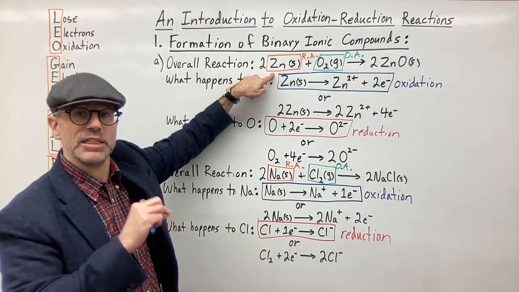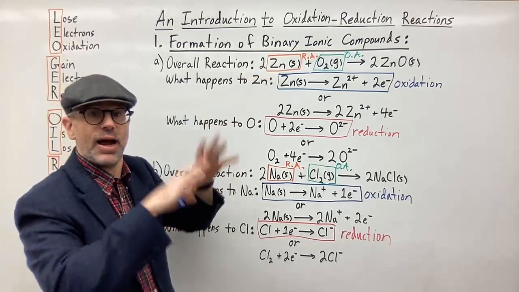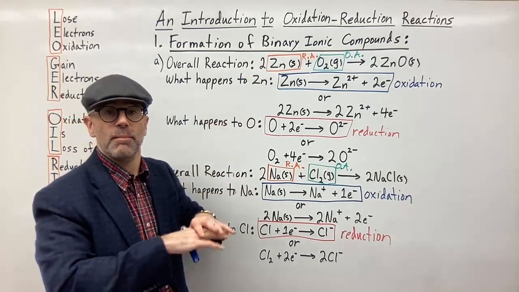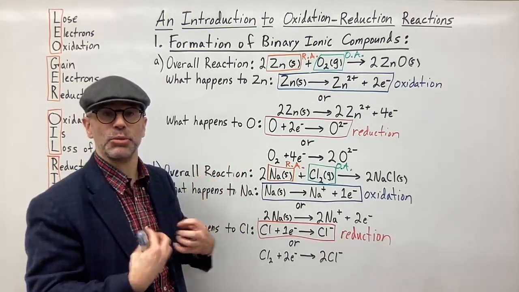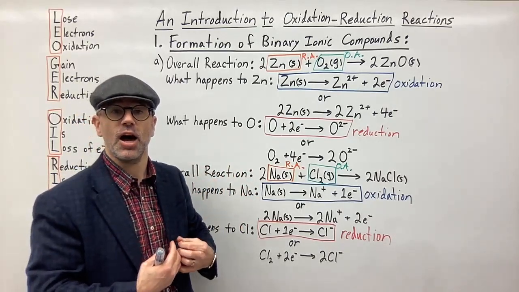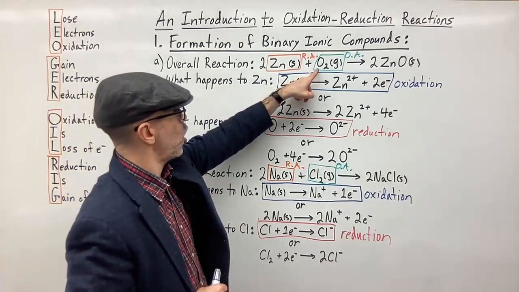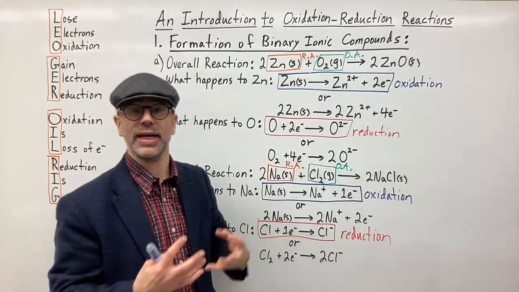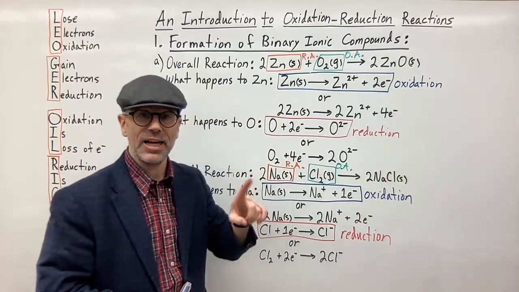So the element is being oxidized or reduced, but the agent is the compound or molecule or whatever the substance is that contains the atom or element that's being oxidized or reduced in it. So here, for example, O2 is a molecule that contains two atoms of oxygen.